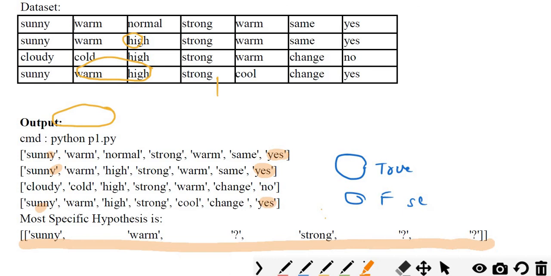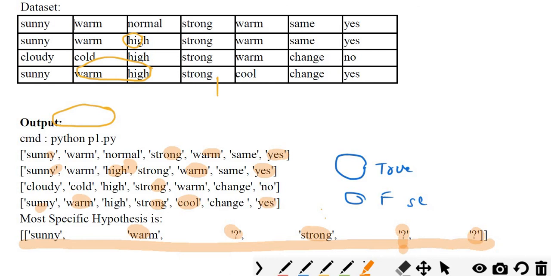Next, warm, here it is also warm, and here it is also warm, so no change. Next, normal and high, there is a change, hence it is a question mark. Here strong is there, so no change in the value. Here it is warm, and here it is cool, so there is a change in the value, which is indicated by a question mark, and last is also a question mark.